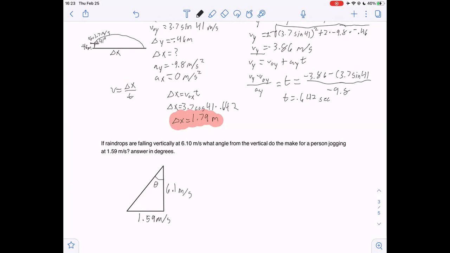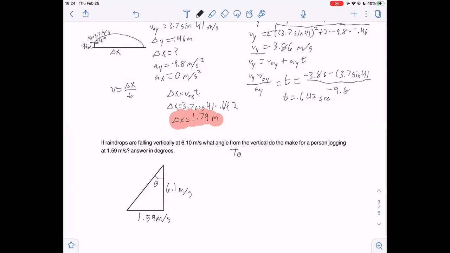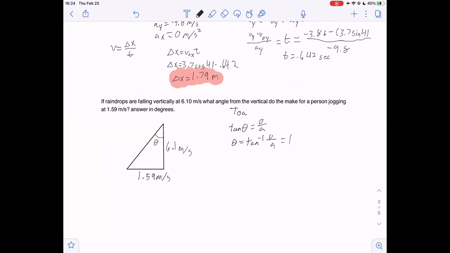What do we do? How do we find theta? So TOA again. Tangent of theta is equal to opposite over adjacent. Theta is equal to tan inverse of opposite over adjacent. Meaning the tangent inverse of what over what?